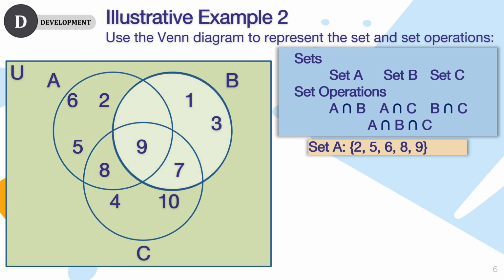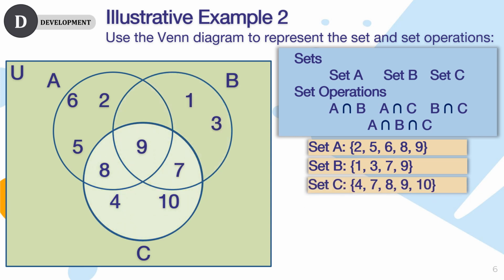While for set B, we have elements 1, 3, 7, and 9. And last, for set C, we have the elements 4, 7, 8, 9, and 10.